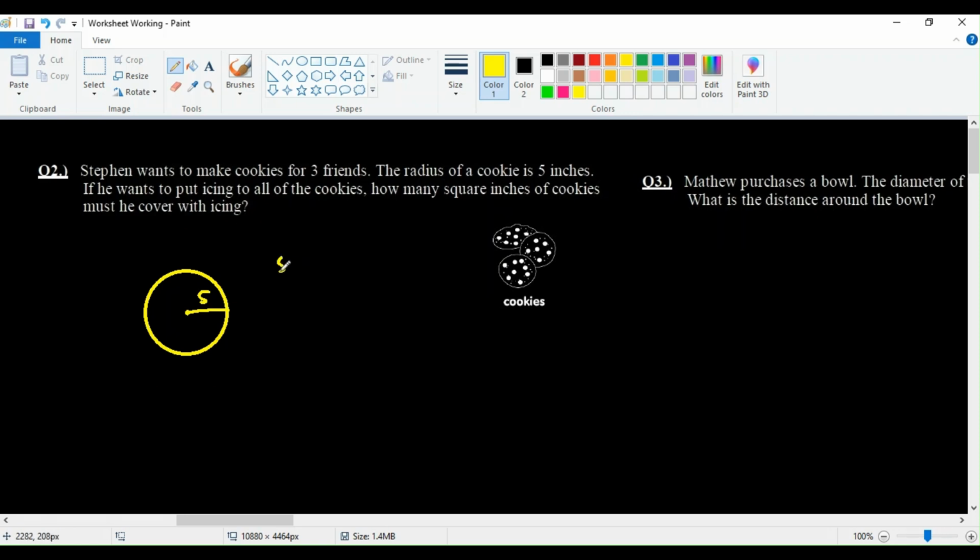Now that means 5 squared and 22 over 7. That means 22 multiplied by 25 divided by 7. 22 times 25 is 550. So divided by 7, we get 78.57.